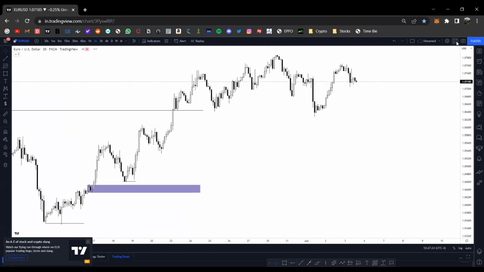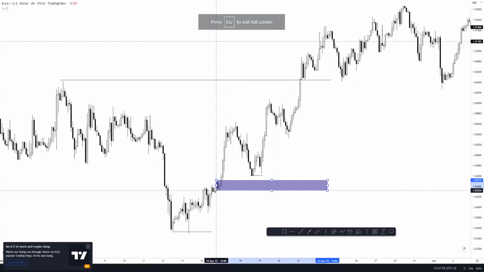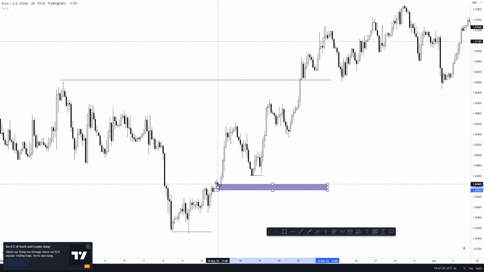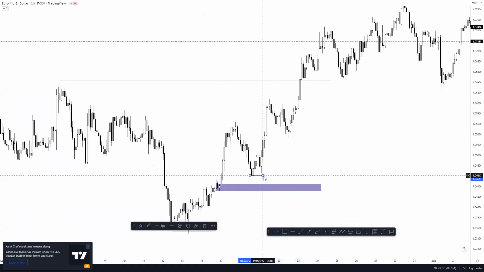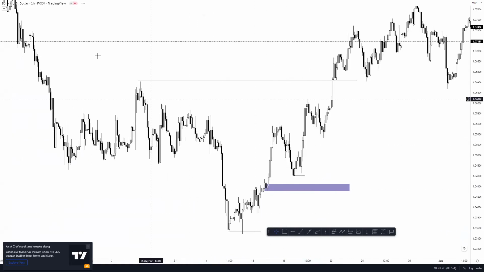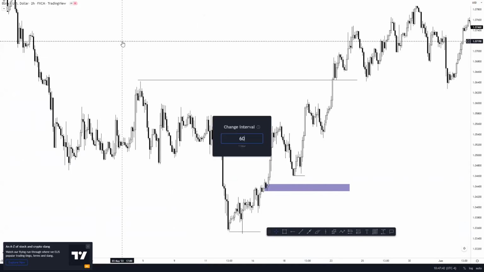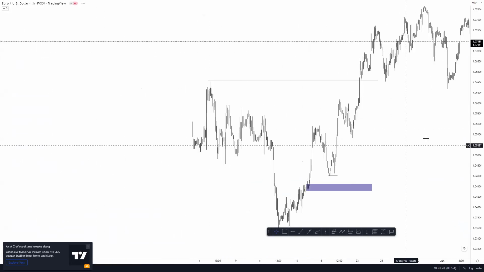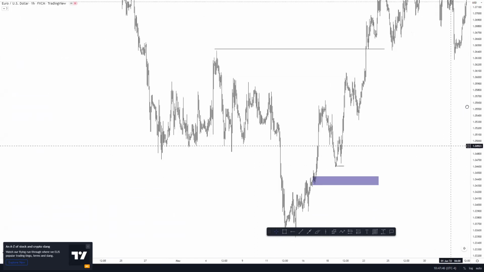So I will go for 2-minute time frame. So I will define this zone like here, and this is some sort of double bottom structure, and then I will go for 1 hour time frame to find another zone for the buys.